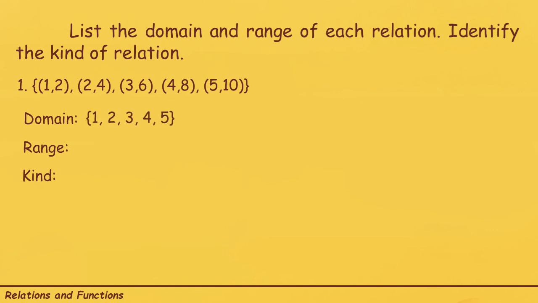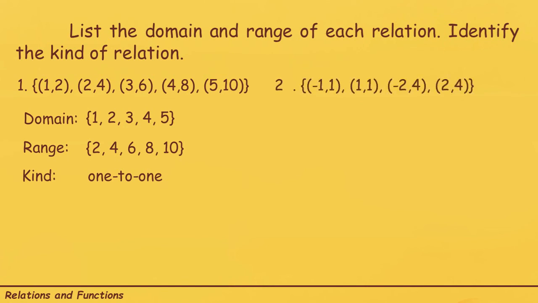And don't forget the curly bracket because we are talking about set of all first coordinates. Ganon din naman sa range, pero sa range is the set of all second coordinates. {2, 4, 6, 8, 10}. Okay, at makikita natin na ang kind of relation sa number 1 is one-to-one relation because there is exactly one value of y for each value of x.